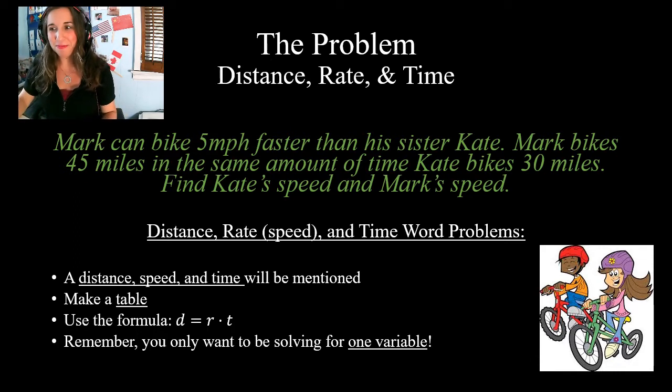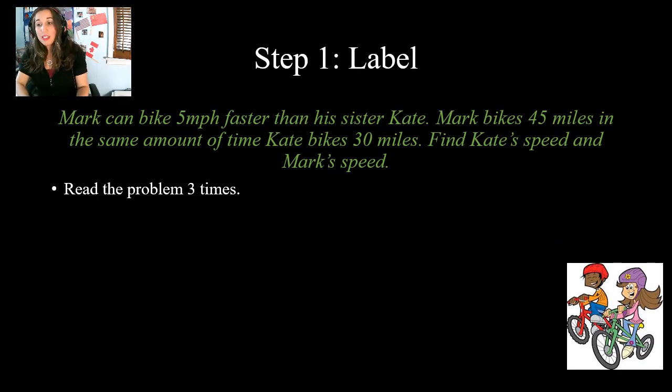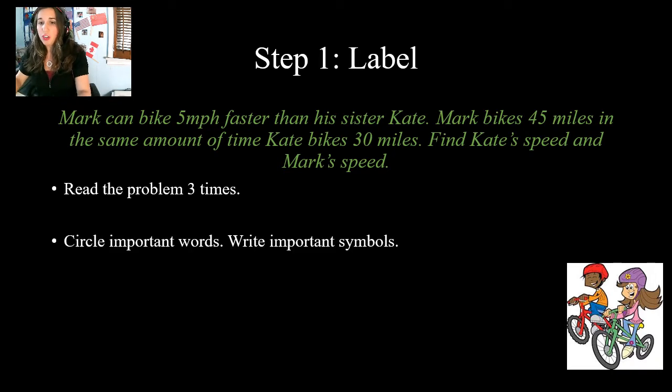All right? So let's take a look at our first step, labeling the variable. Of course, we're going to read the problem 3 times. The first time we just read it. The second time we're going to start circling important information, right? Important words, writing important symbols. So Mark can bike 5 miles per hour faster.